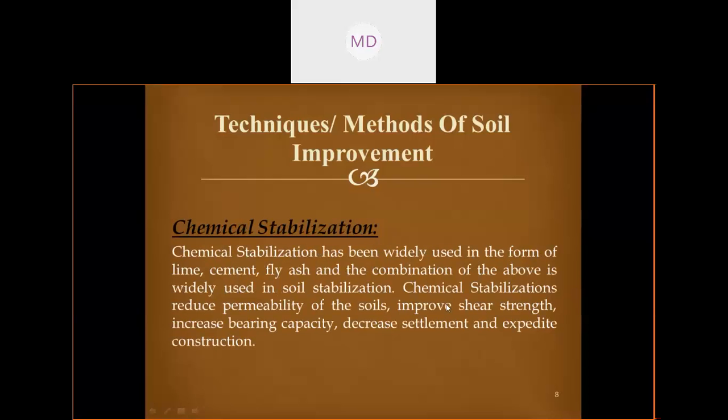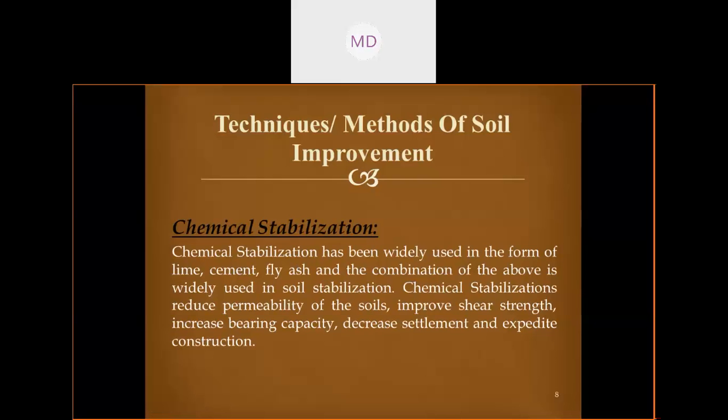Then chemical stabilization, which is already known. It is the addition of some chemicals to the ground to stabilize the weak soil. Chemical stabilization has been widely used in the form of lime, cement, fly ash, and combinations of the above are also widely used in soil stabilization. There are other chemicals also, like sodium silicate.